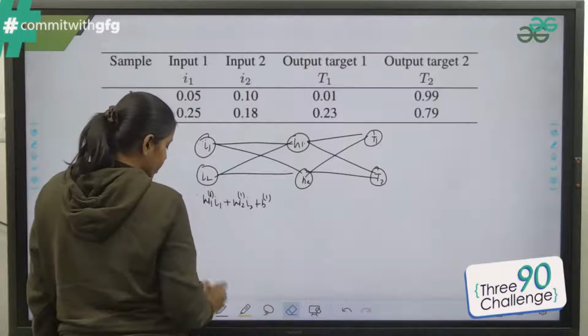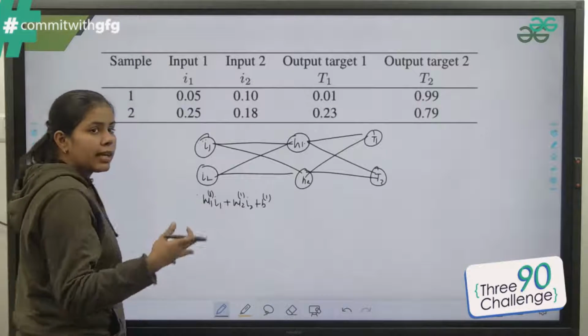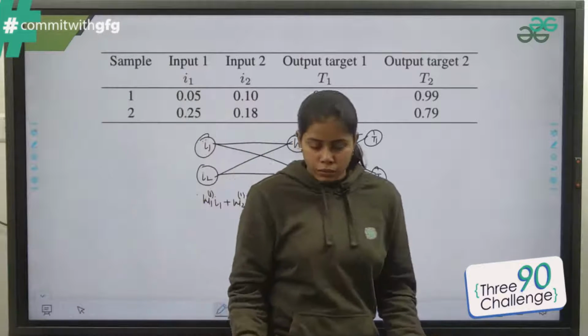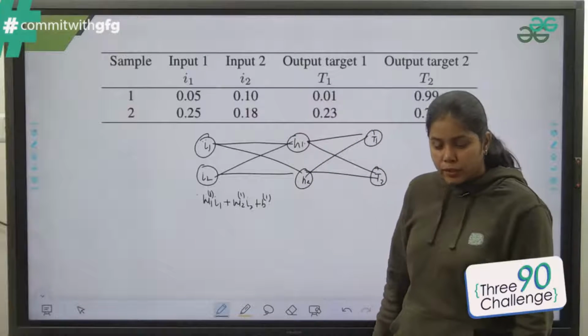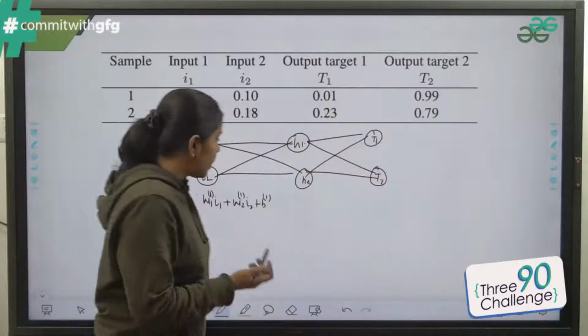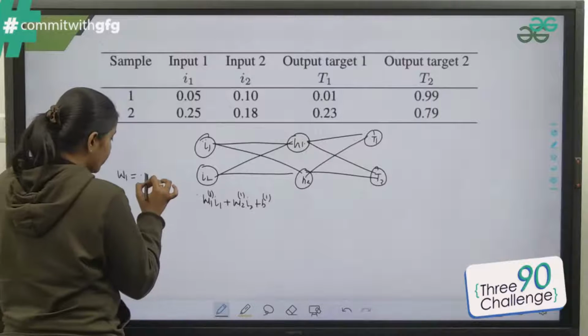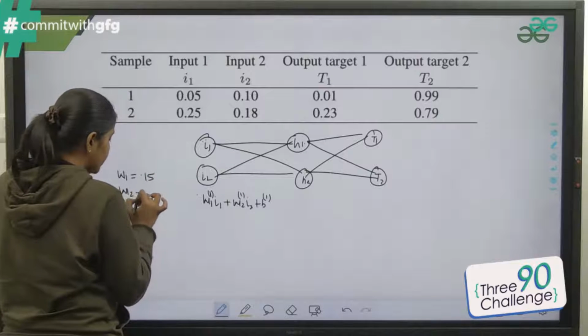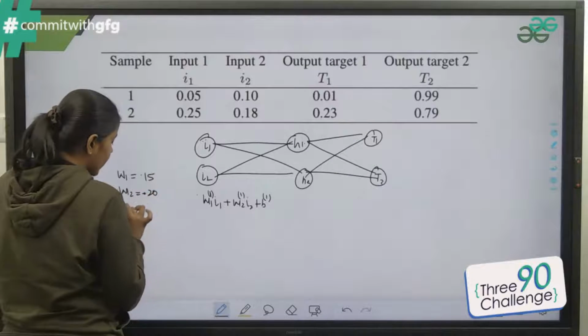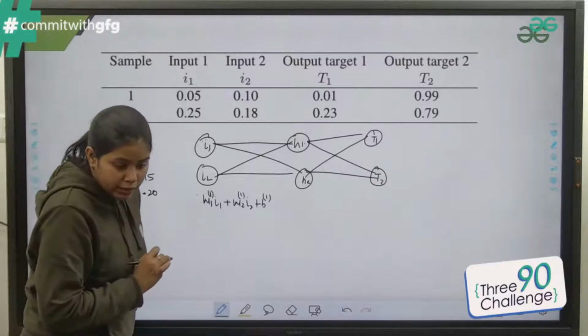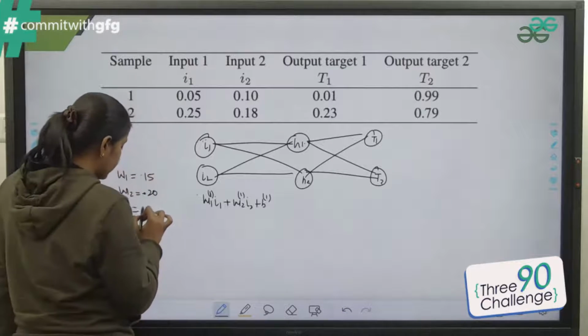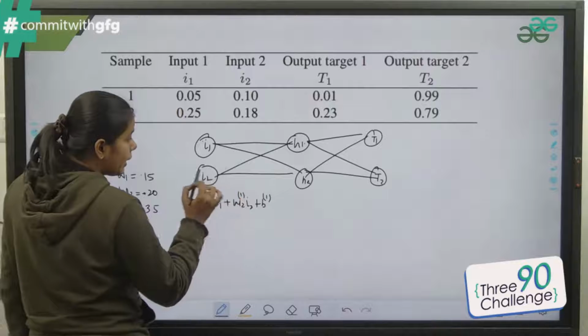Initially I can take any W1 and W2. So let's suppose I am taking W1 as 0.15 and W2 as 0.20, and B value as, let's say, 0.35.